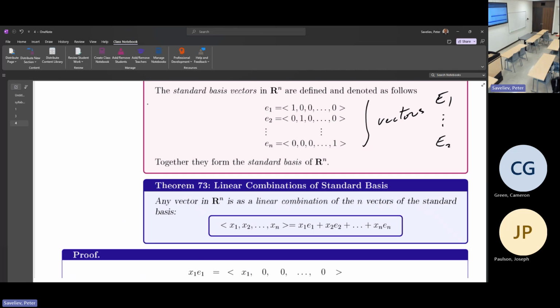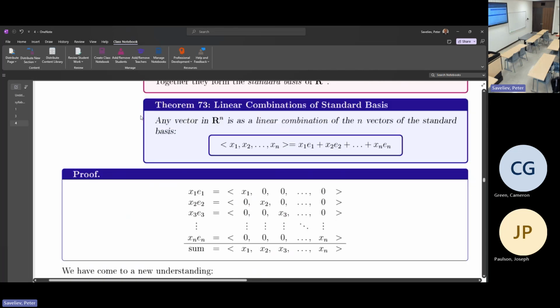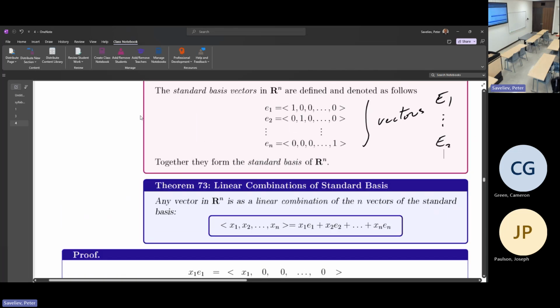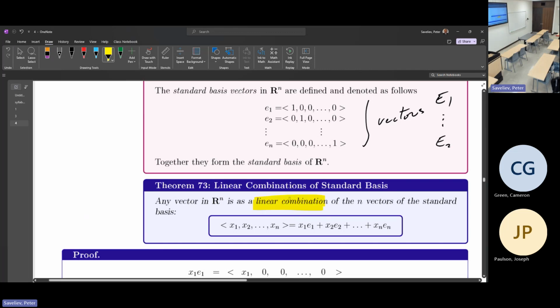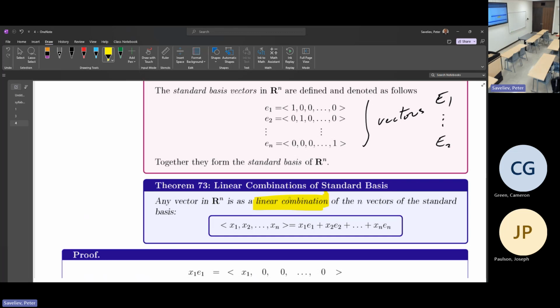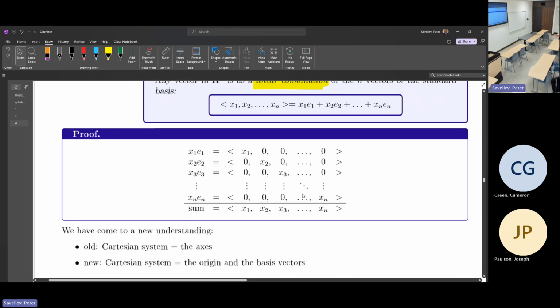So x's are numbers and e's are vectors. We have a bunch of operations. Don't forget the notation that I bring up all the time. It's called a linear combination. You have a bunch of vectors, you give them coefficients, and you add them together. That's a linear combination. It will become more important.